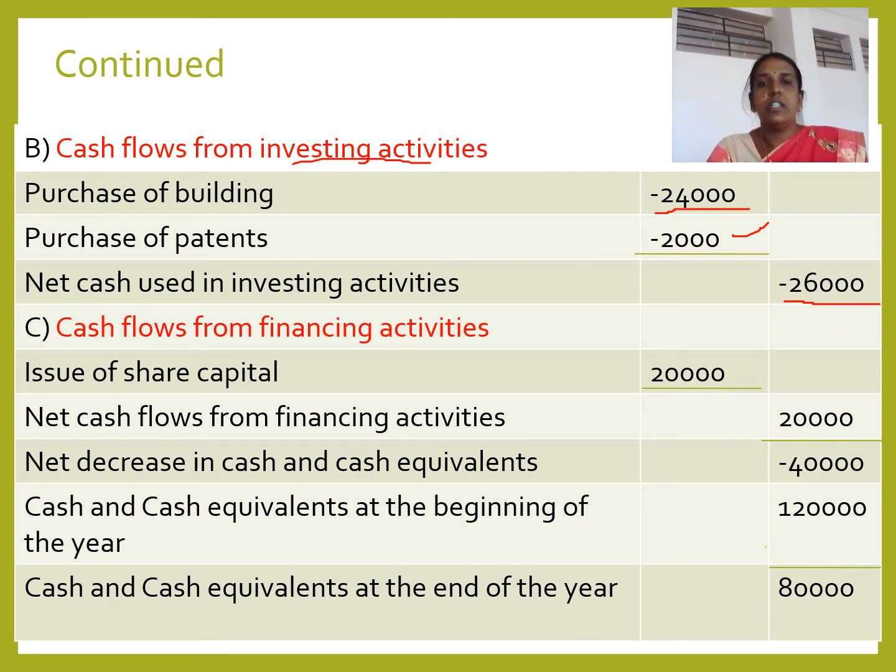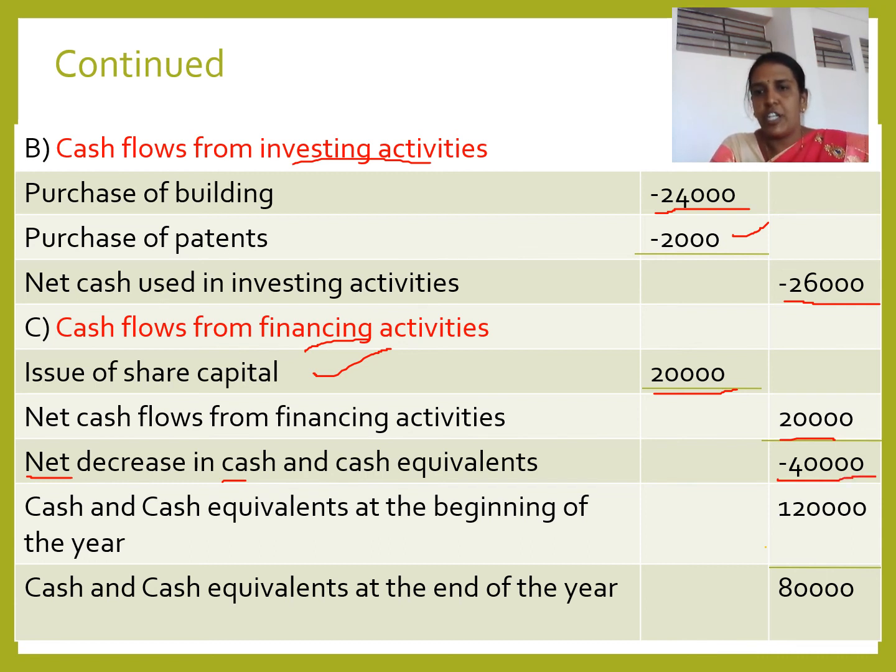Then third one is cash flow from financing activities. By financing activities there is an inflow of cash, that is the issue of share capital to the extent of rupees 20,000. So we have mentioned this with a positive sign. Then net cash flow from financing activity is rupees 20,000. Then by taking all the three activities, there is a net decrease in cash and cash equivalent to the extent of rupees minus 40,000.